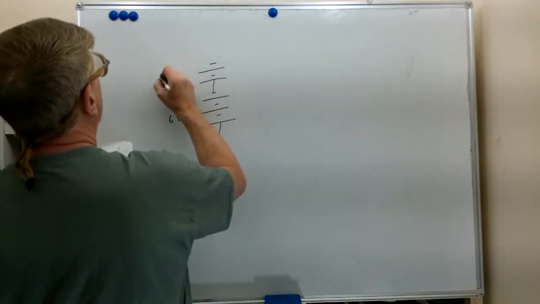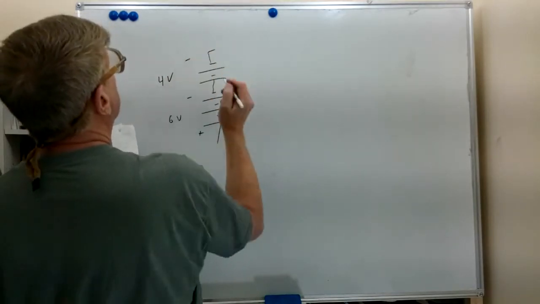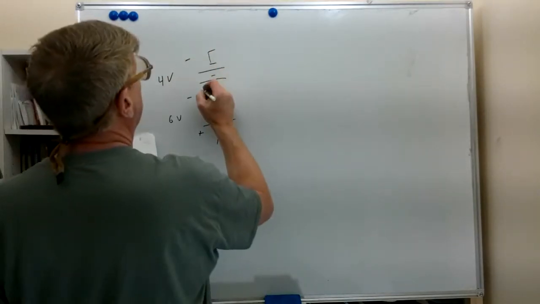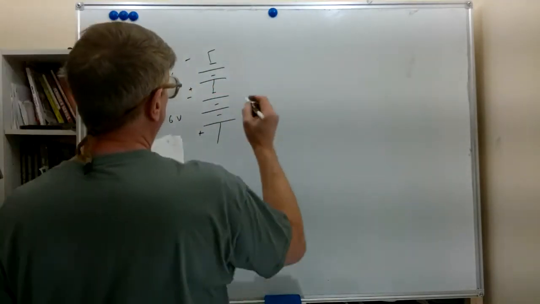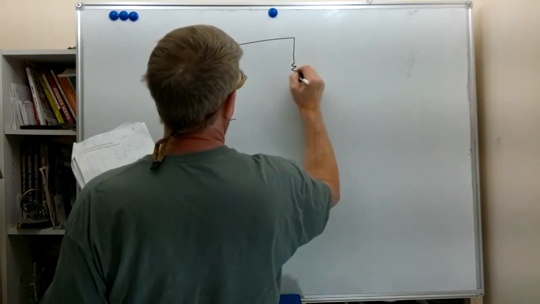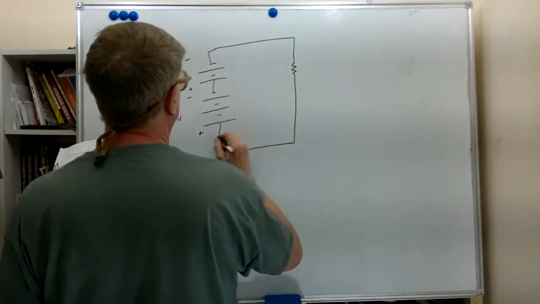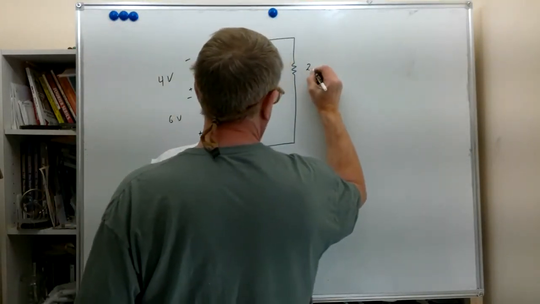We have a 4-volt supply in series with it, with a negative terminal there and the positive terminal there. And we're going to have a resistor here for a load. This is a 2 ohm resistor.